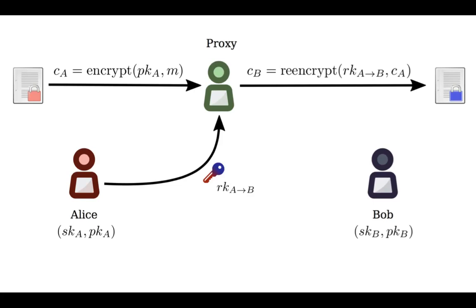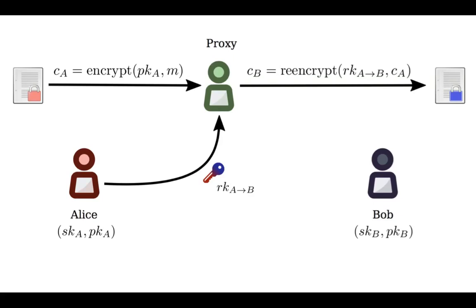She can then ask Bob for his public key, and she can then create what is called a re-encryption key, which she does by using her own private key and Bob's public key. She can send this re-encryption key to the proxy, who can then use this to re-encrypt the data. So the data that Alice already had encrypted can be re-encrypted by the proxy, by the third party, and sent to Bob.